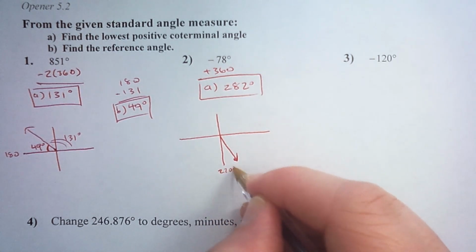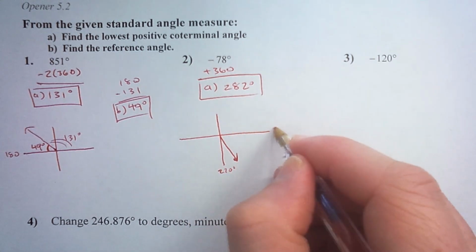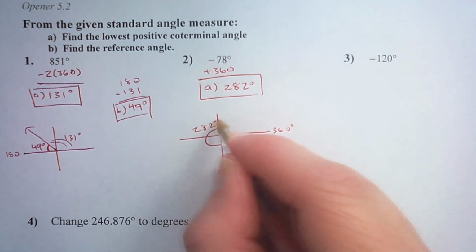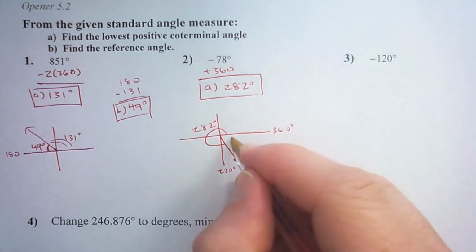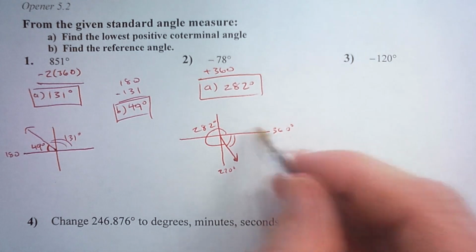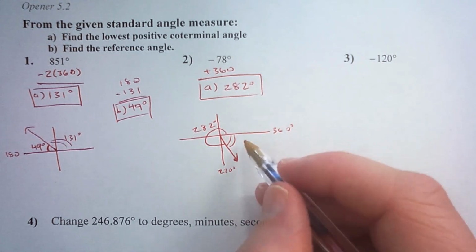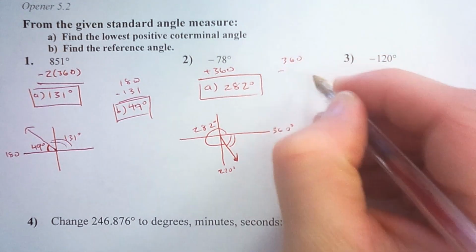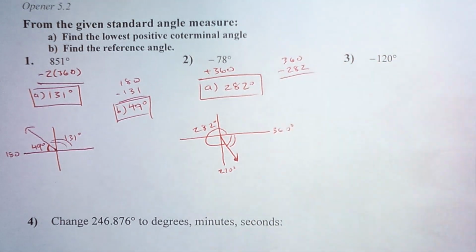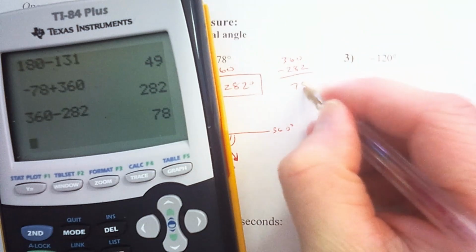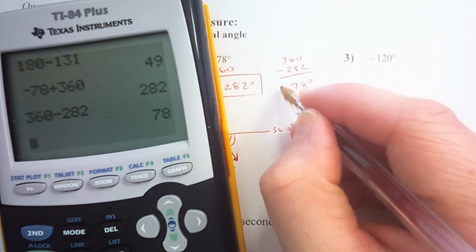I've got 270 degrees here, 360 here, so here is my 282 degree angle. The reference angle is right here between this terminal side and the nearest x-axis, and I can find that by doing 360 minus 282, and that is 78 degrees.